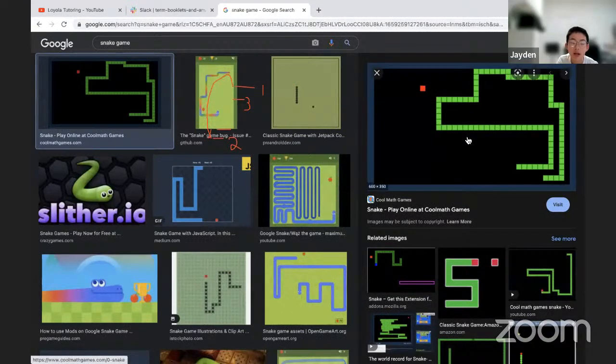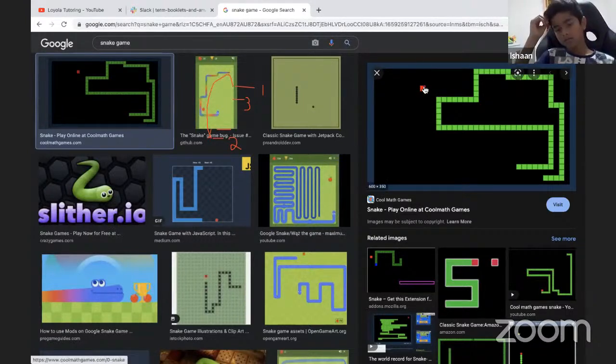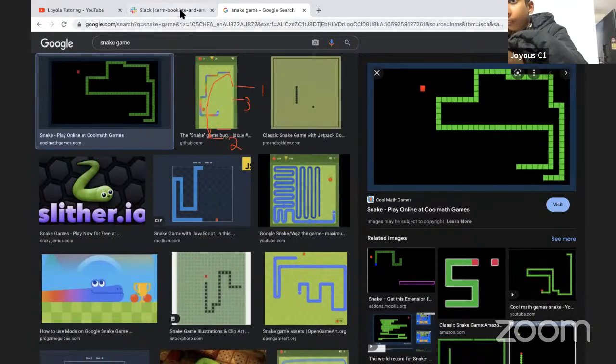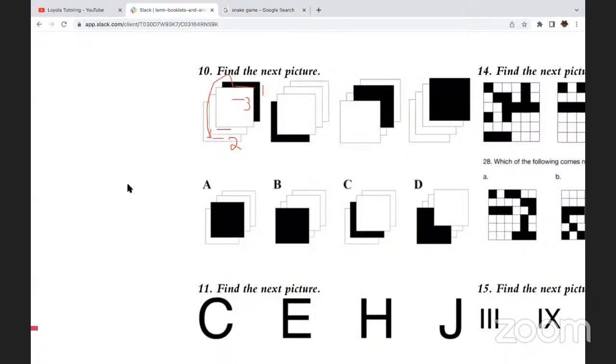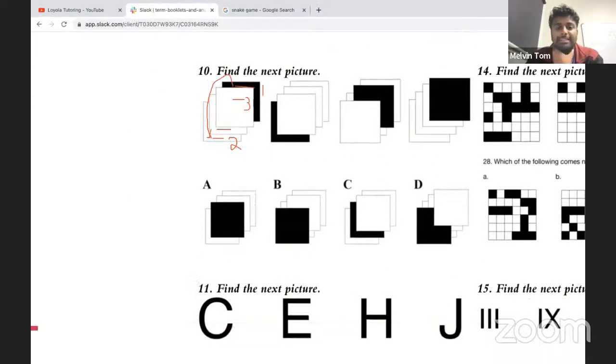I've played it. So in the snake game, in some of the levels, when you go to the very bottom of the map as the snake, it comes across from the very top. Have you seen that? No, I haven't played it. So in general, quite often when you have a stack or a box or something like that, you could have questions like this.